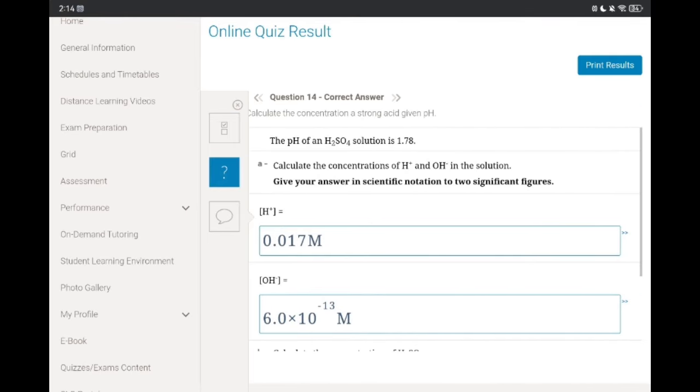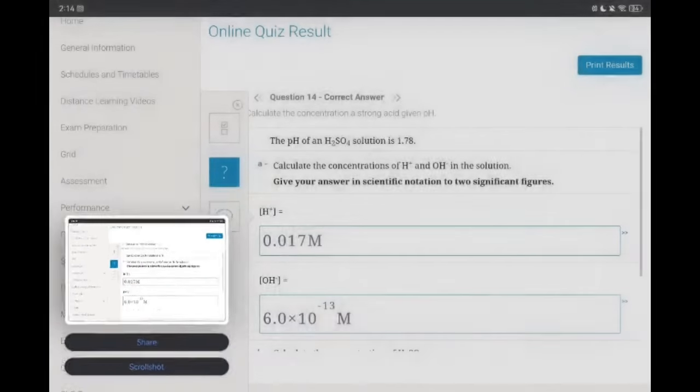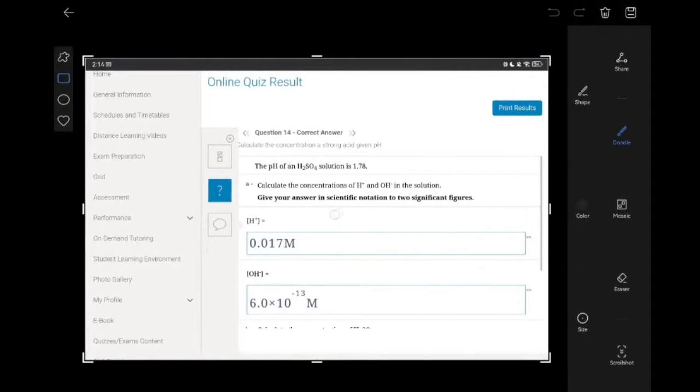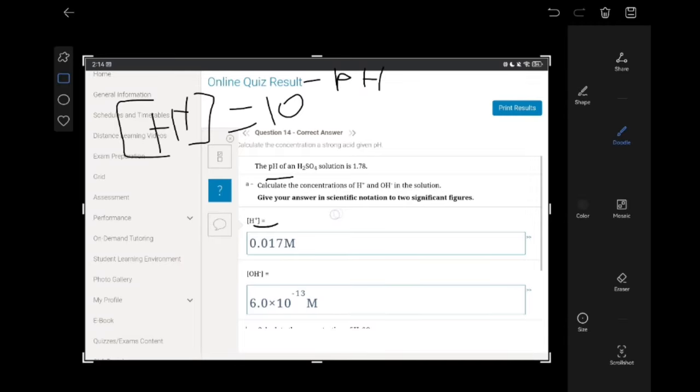Okay, so the pH here is given. This is where you use [H+] equals 10 to the negative pH. pH is given, and you're trying to find it, so you just do that. So you do 10 to the negative 1.78. Get your answer, 0.0165.